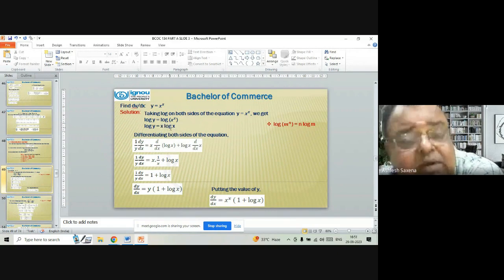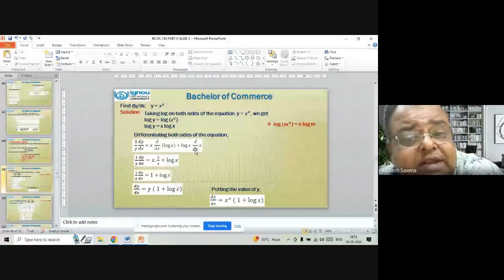By the rule, first function as it is into derivative of the second function, plus second function as it is into derivative of the first function. On the left hand side, it will remain the same. On the right hand side, derivative of log x is 1 by x, so x multiplied by 1 by x plus log x into derivative of x, which is 1.